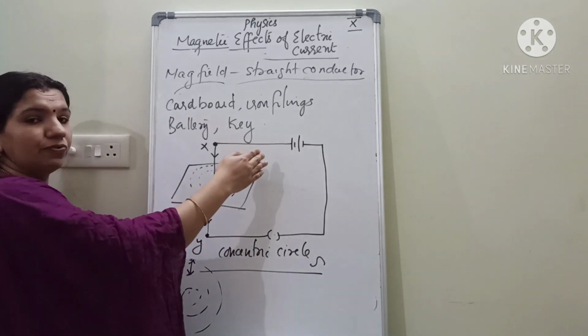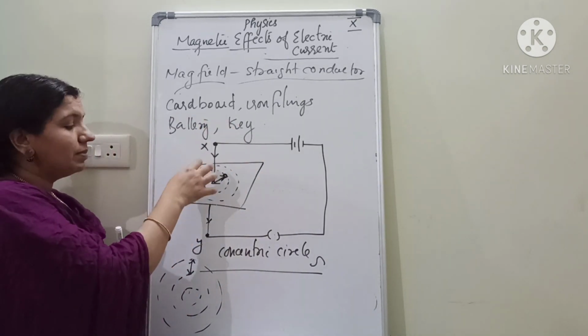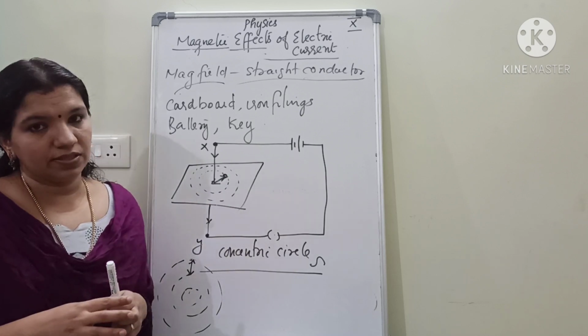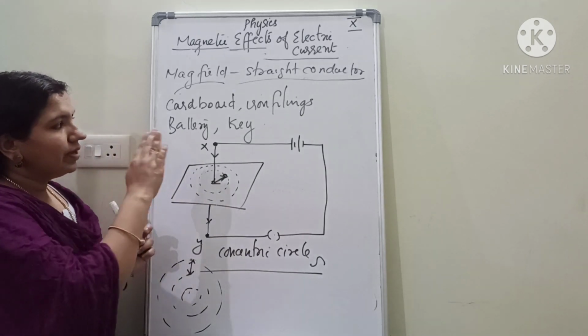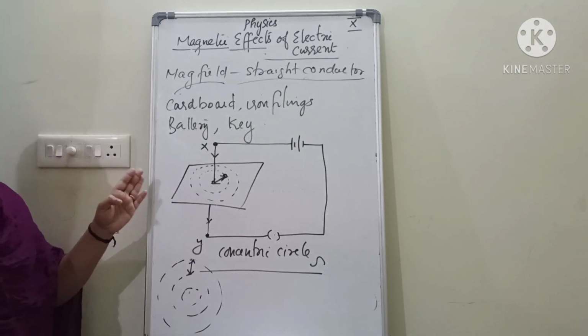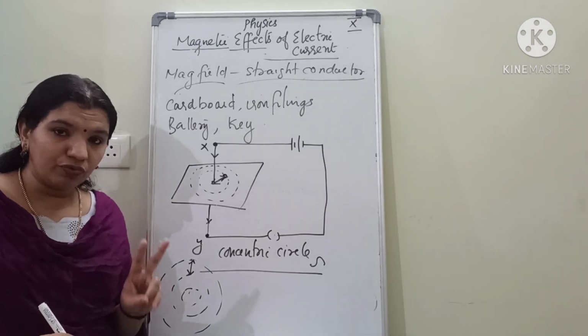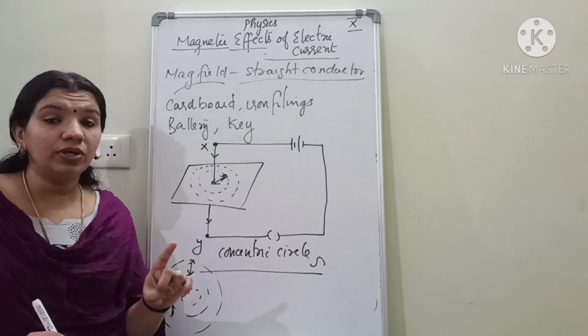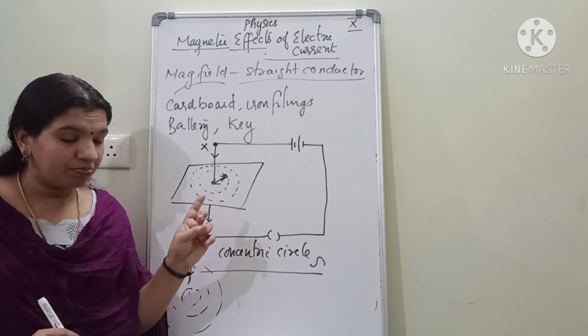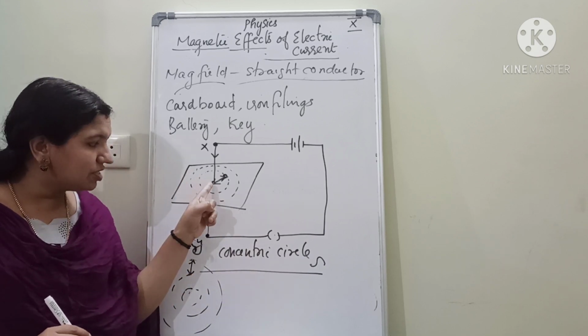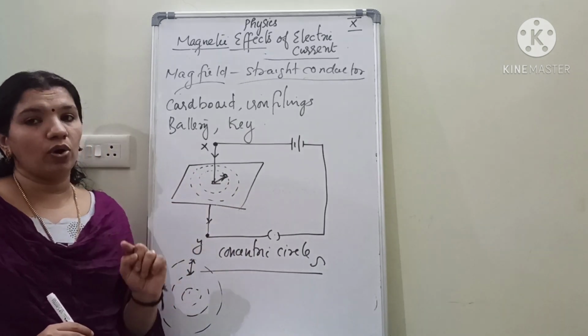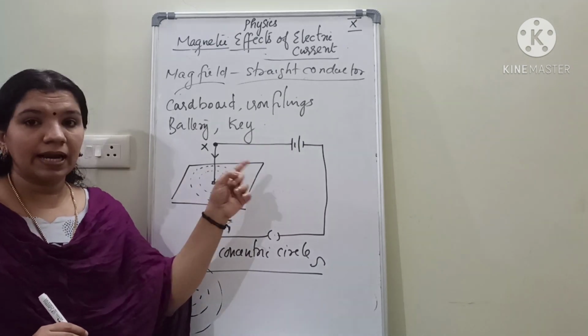If you are decreasing the current, the field also gets decreased. So we can say that the magnetic field at a point depends upon two factors. First is the amount of current flowing through it, and second is the distance between the conductor and that point.